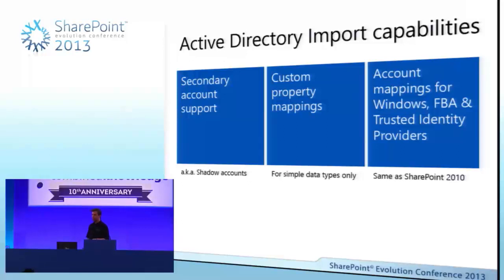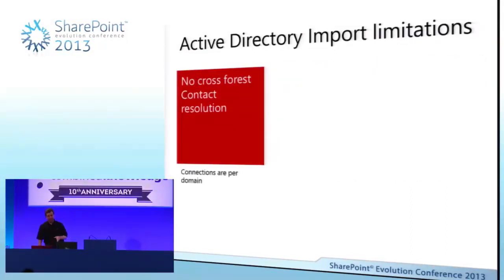So that's either Windows authentication, which is the most common, Forms authentication, which doesn't exist and is actually an LDAP bind, but in the UI we call it forms-based authentication for some reason, and then we can use a trusted identity provider like ADFS or whatever else we've had installed in the farm. There are some limitations, though.